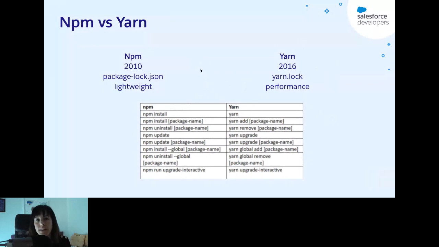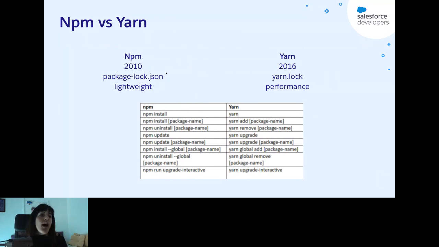There are some differences between them, but at the end, the problem that they are going to solve and the functionality that they are offering is exactly the same. So npm was released earlier. It was released in 2010, so it's a bit more widely adopted.